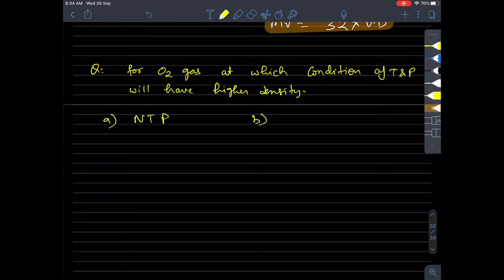Option B, STP. Option C, 2 atm, 0 degree.